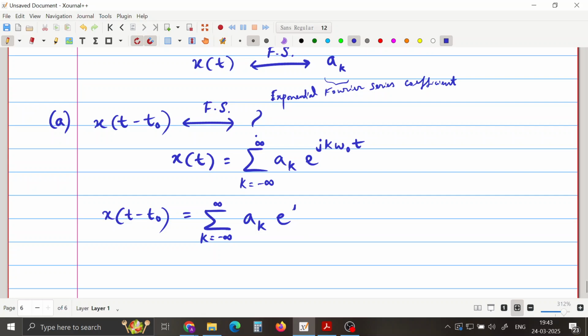So this is ak e power jk omega naught into t minus t naught, because now the argument inside this x is t minus t naught, and not simply t. So what do we have? This is the summation k running from minus infinity to infinity of ak e power jk omega naught t, and also I'll have another factor e power minus jk omega naught t naught.